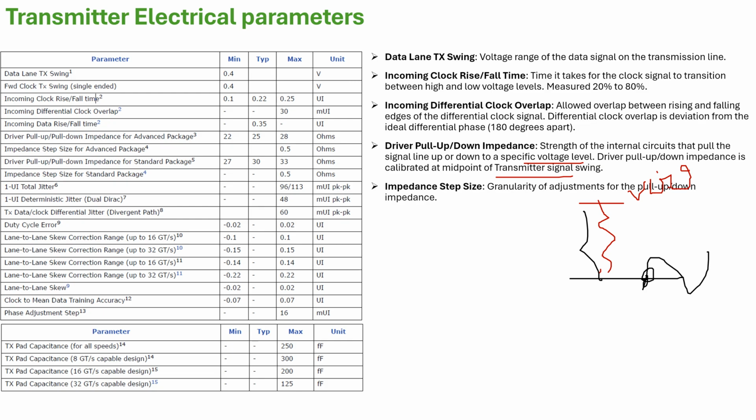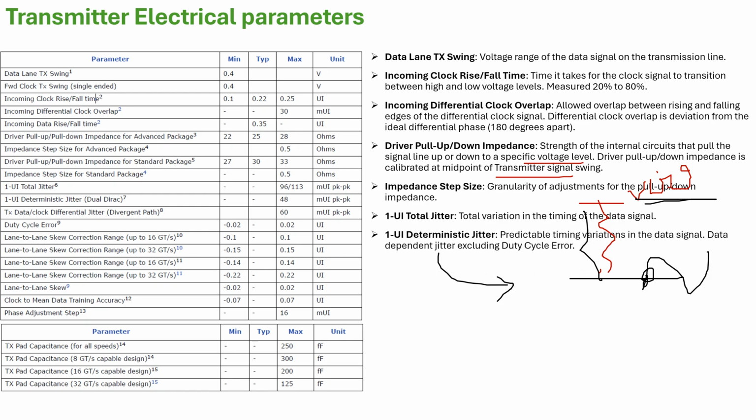Okay, the impedance step size. Sometimes we talk about the source impedance, right? You're talking about pull up and pull down impedance. Sometimes it's programmable. What is the granularity of adjustments we can do there? And 1 unit of total jitter, the jitter definition, right? Similarly the other kinds of jitters, deterministic jitter, and so on, data clock differential jitter.